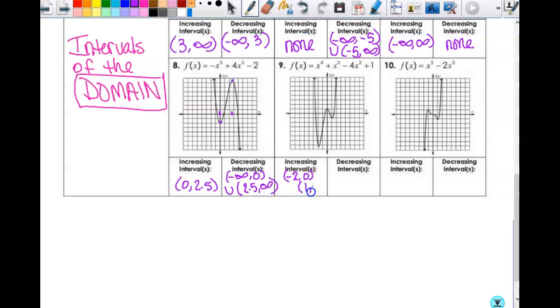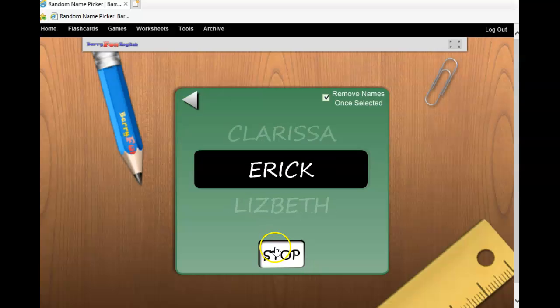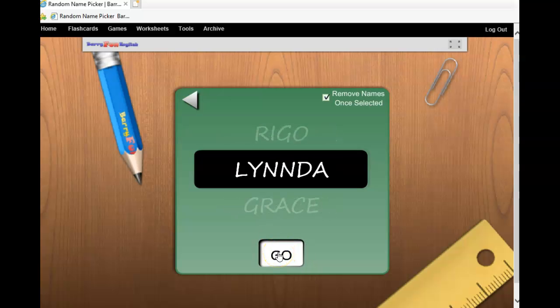Then 1 to infinity. And what else do I need there? A u. Good. Agree with that? Yes? Okay, good deal. So, any decreasing intervals? Linda.